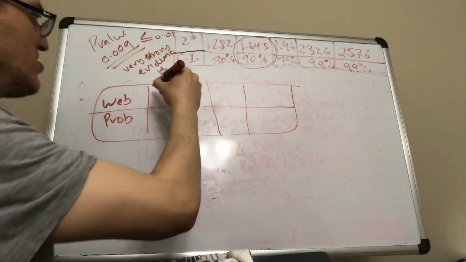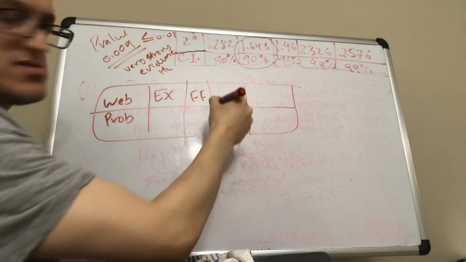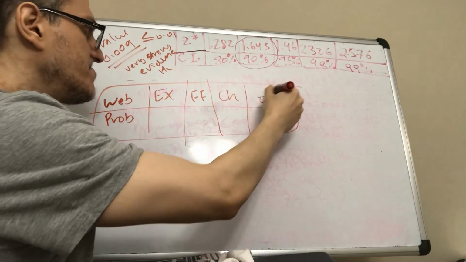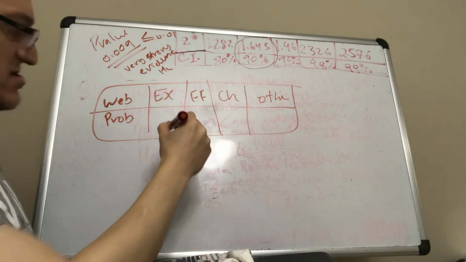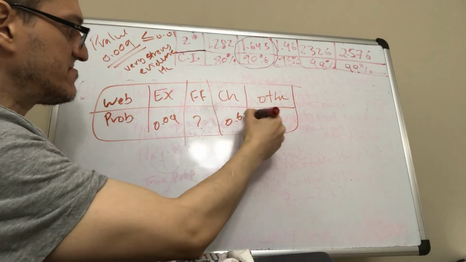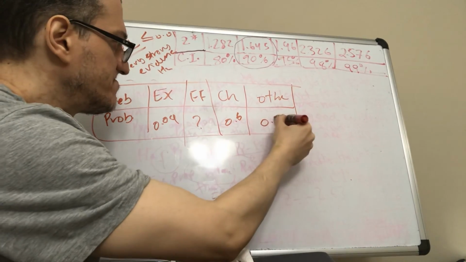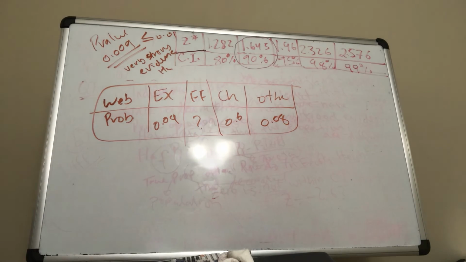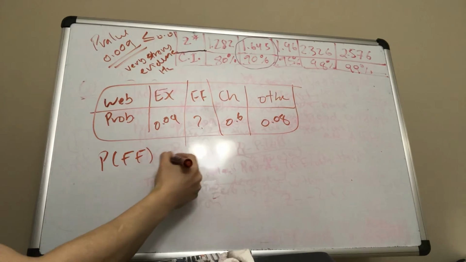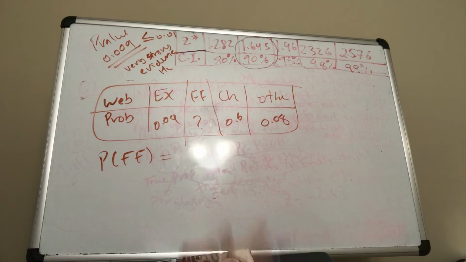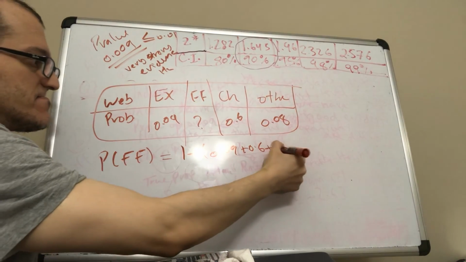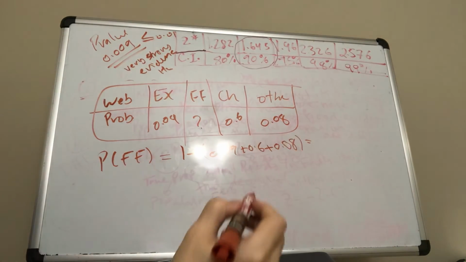They tell you Explorer, Firefox, Chrome, and other. And they give you the percentages, 9%, not given, 60%, and 8. Find the probability of the one missing, Firefox. This is the only one missing. I know they all add up to 100%, so it would be 1 minus whatever the total is. And you do the math, that's 23%.